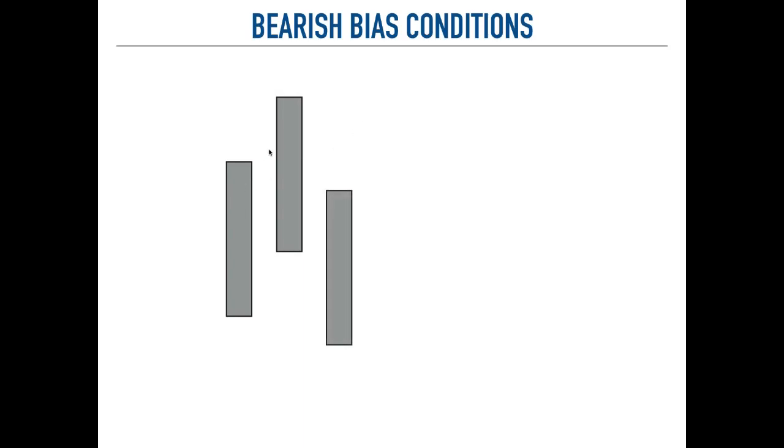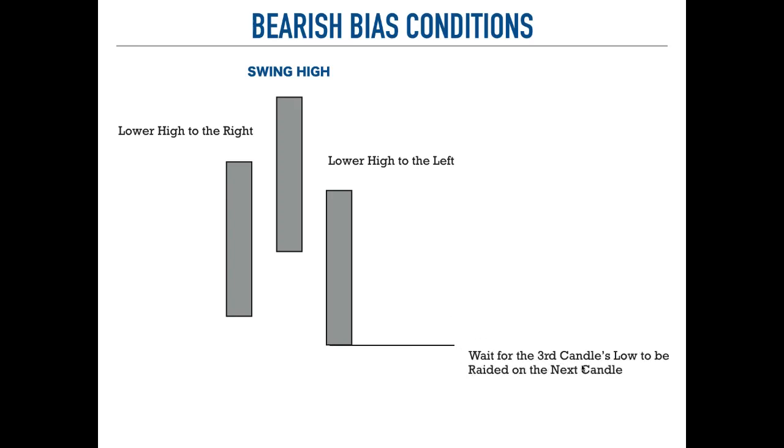So we have a 3-bar pattern, okay? This is the high that's created, okay? We're looking for a lower high to the left and a lower high to the right, which gives us our swing high formation. All right, so there's a lower high to the right and a lower high to the left. And then what we're looking for is on the third candle's low, okay, this low right here, we wait for this candle's low to be traded through on the very next candle.